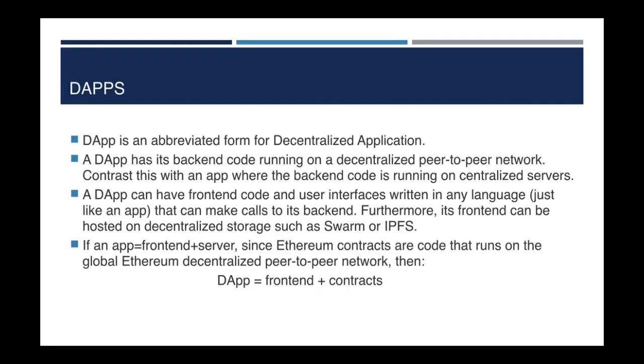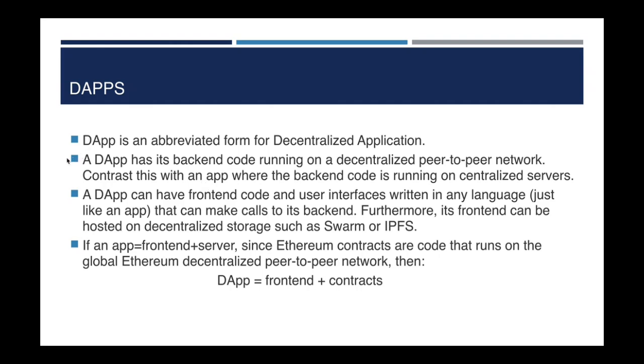Now let us see what are distributed apps, in short called dApps. A dApp has backend code running on a decentralized peer-to-peer network, the smart contracts. In contrast to this, we have backend code running on a centralized server.